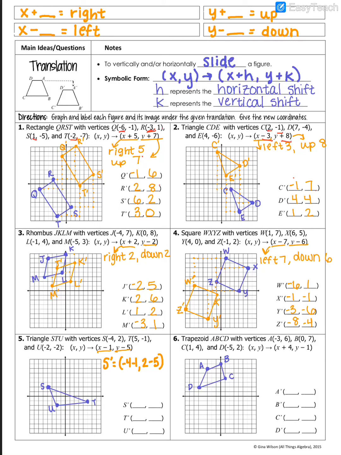So negative 4 minus 1 is negative 5. 2 minus 5 is negative 3. So my point, negative 5, negative 3.